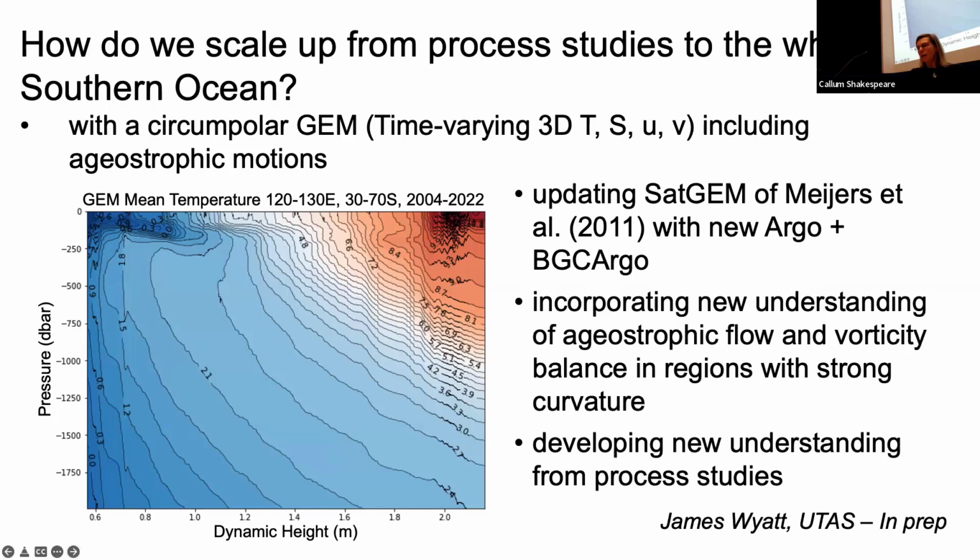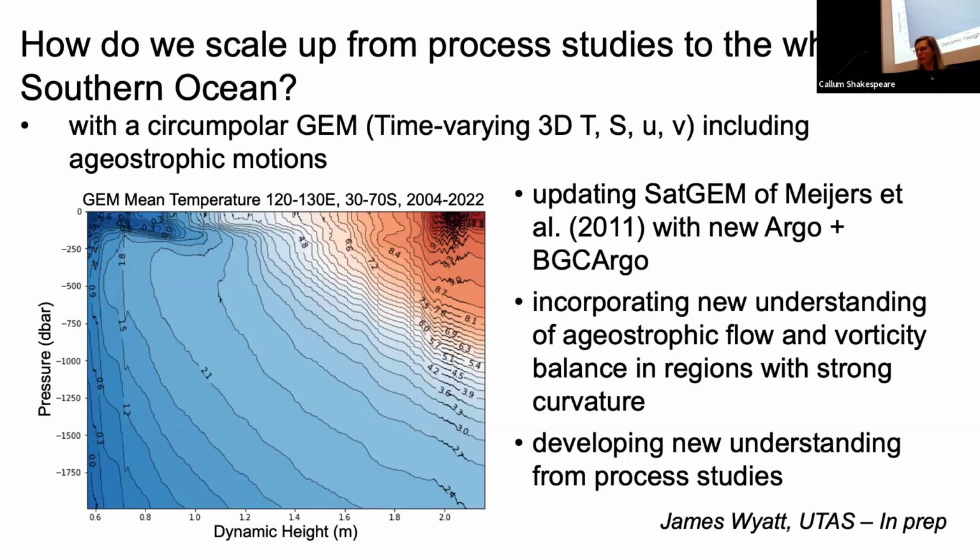And so Andrew Meijers developed one that's been very useful in 2011, and we now have James Wyatt working on an update that will bring in vast quantities of new Argo and BGC Argo data, but also incorporate our new understanding of the ageostrophic flow and build that into the GEM so that the GEM will now be capable of moving heat across fronts, not just following streamlines.